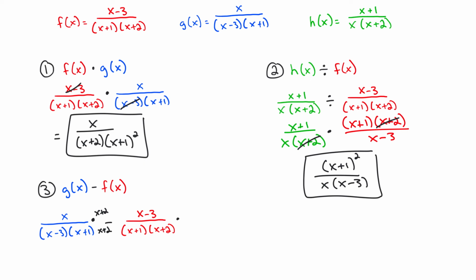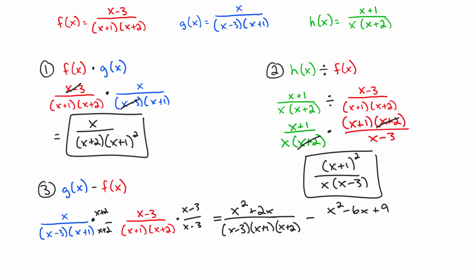And I'll multiply the second fraction by x minus 3 on top and bottom. That would give me, I guess I'll write them over here, x squared plus 2x over x minus 3 times x plus 1 times x plus 2 minus x squared minus 6x plus 9 all over the same denominator.